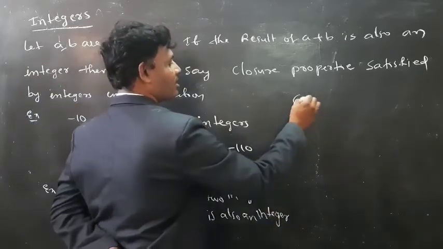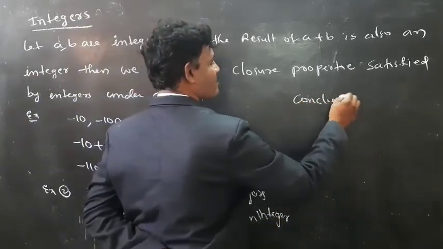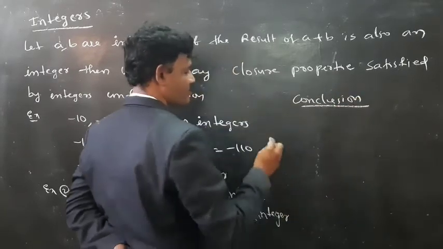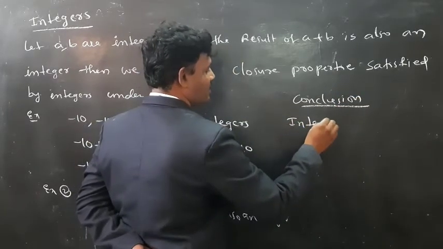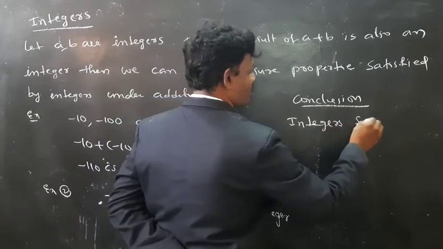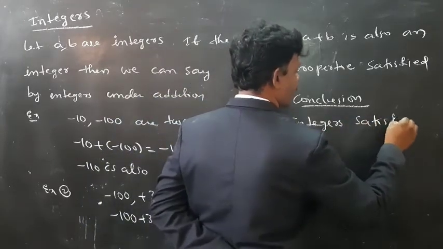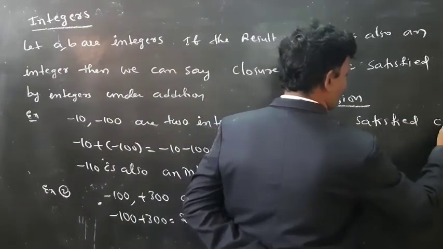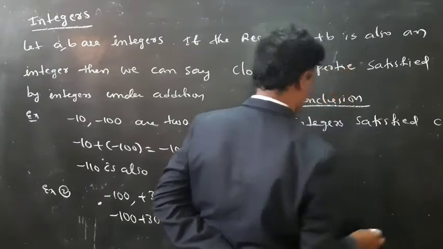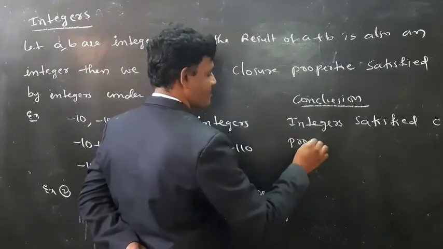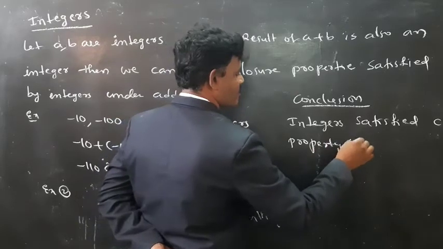Then what is the conclusion here? Integers satisfy the closure property under addition.